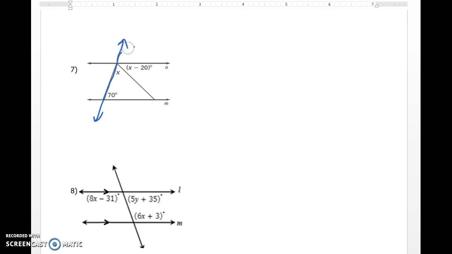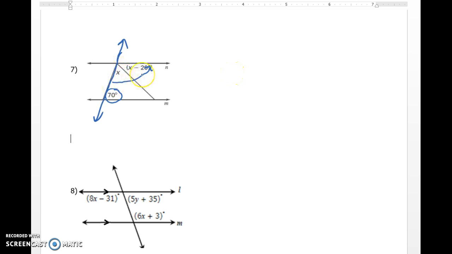I'm going to highlight it. Then we look at this 70-degree angle. So this angle here, we don't know what its alternate interior counterpart is because there's no x value here, but we do know that all of this information here, this entire angle, would be x plus x minus 20.